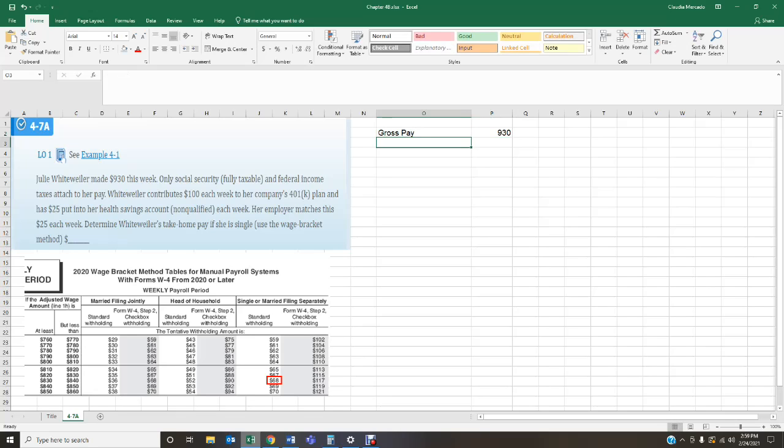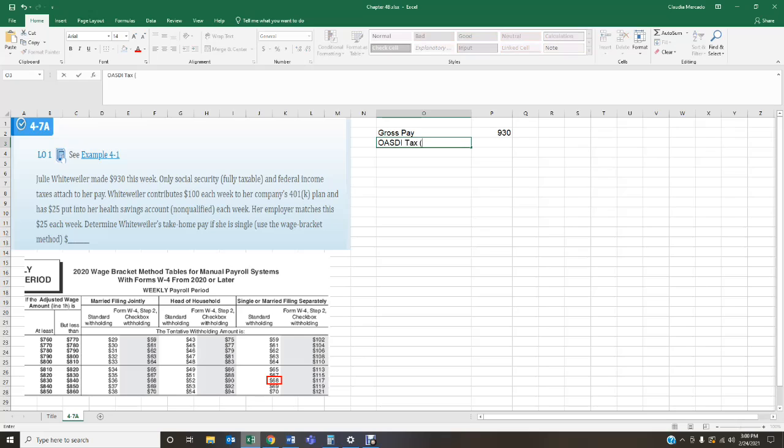Okay? Now we have all of the deductions that are going on. Okay? Everything that's being taken away from her paycheck. Okay? So it says here that this employee has to pay Social Security on her wages. Everything is fully taxable. So we're going to go ahead and do OASDI tax. Okay?